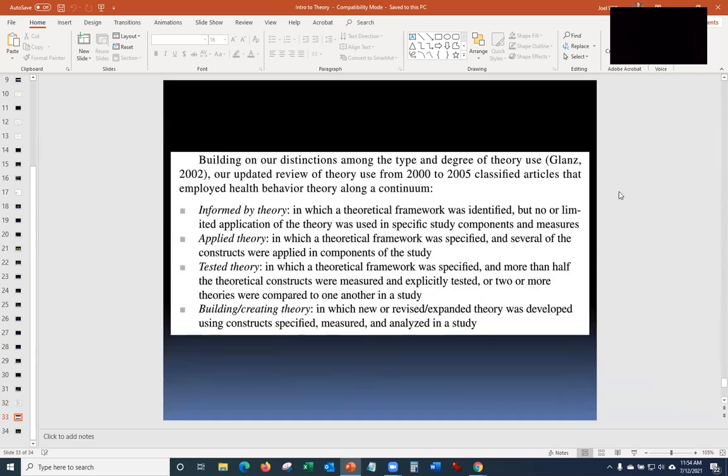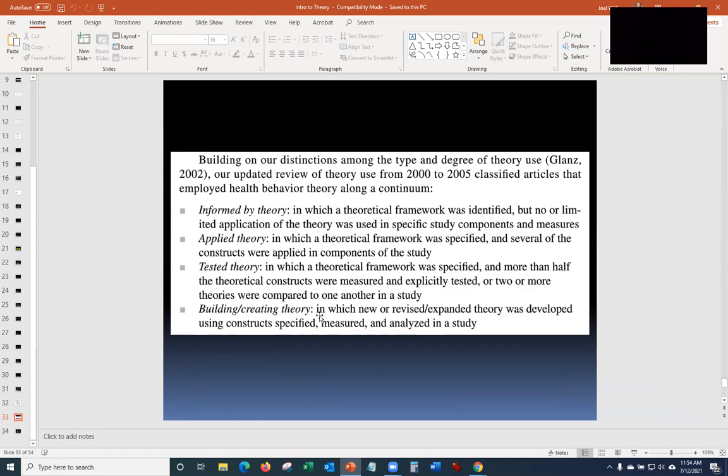And then lastly, it's important to think about when you're reading a study that utilizes a health behavior theory or model, you want to understand: is that study informed by theory? Does it apply theory? Is it testing theory? Or is it building or creating theory?